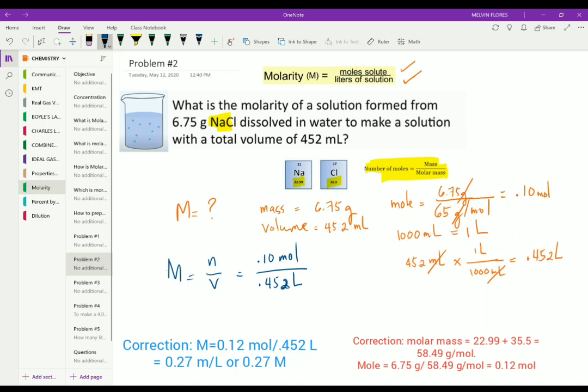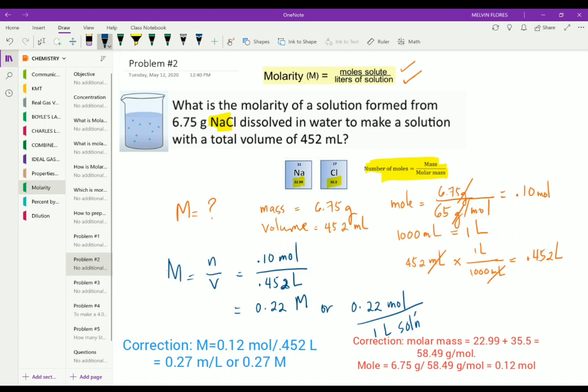So 0.10 divided by 0.452 gives you 0.22 molarity, which can also be written as 0.22 mole per liter of solution. So for every liter of solution, we have 0.22 mole of the solute NaCl.